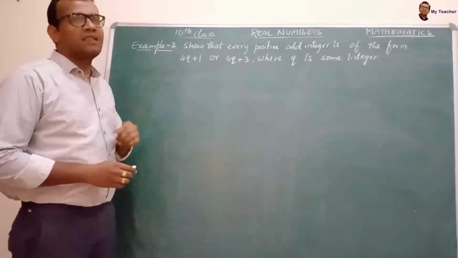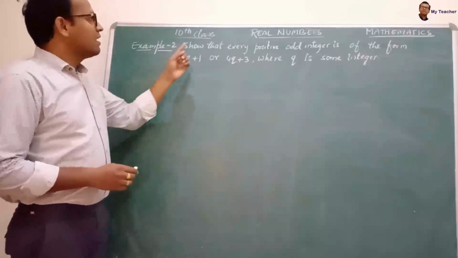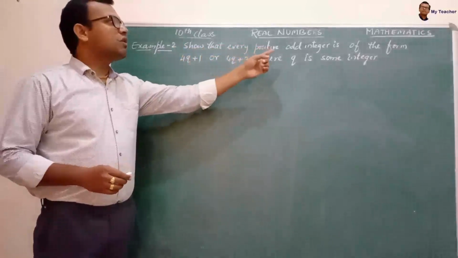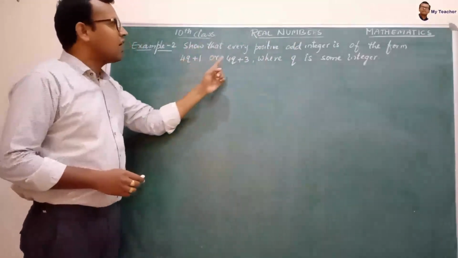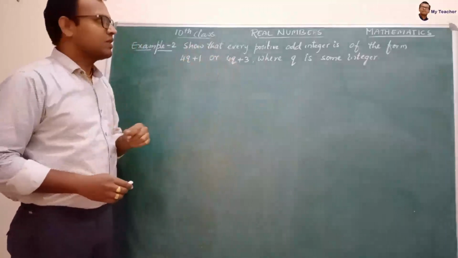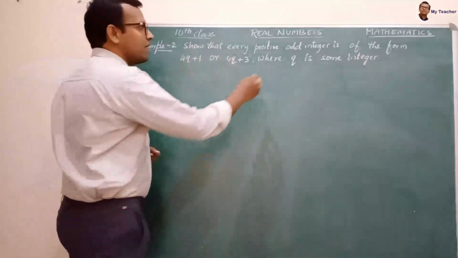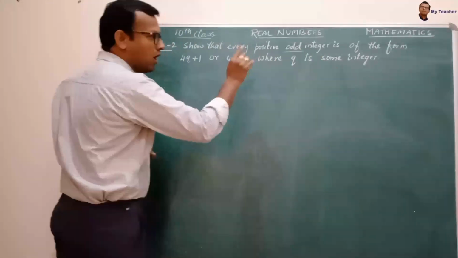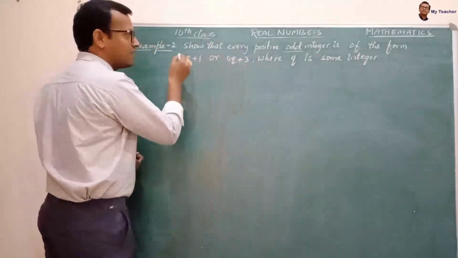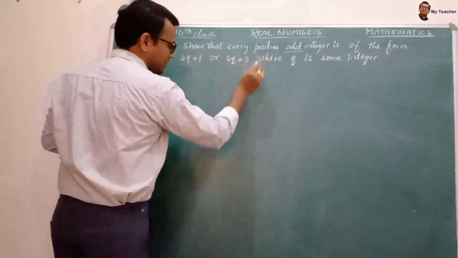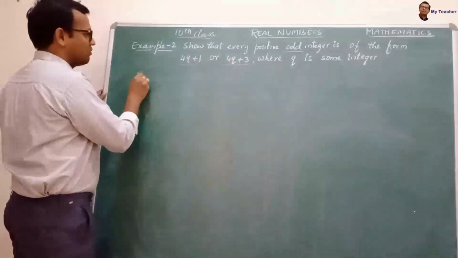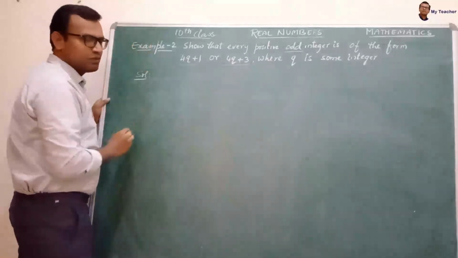Here is the second example, and it says, show that every positive odd integer is of the form 4q plus 1 or 4q plus 3, where q is some integer. So we have to show that every positive odd integer is in this form, either 4q plus 1 or 4q plus 3. Now, to show that, what do we do first?